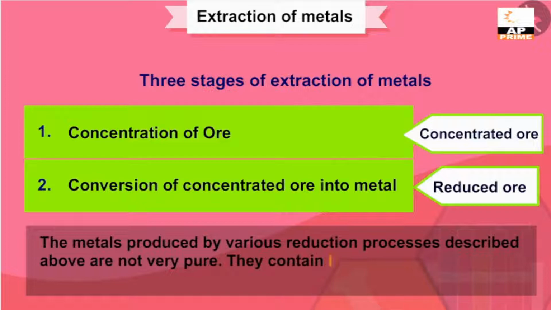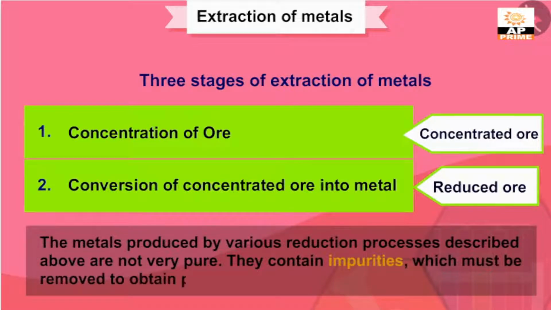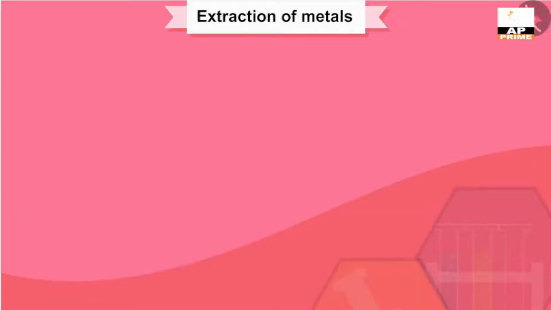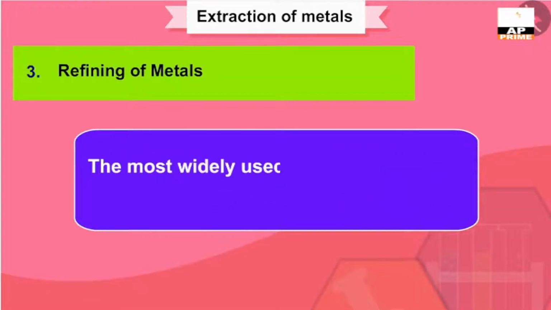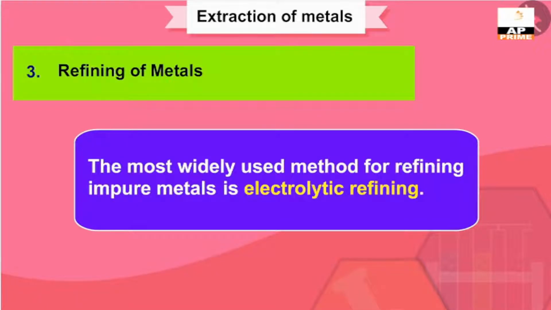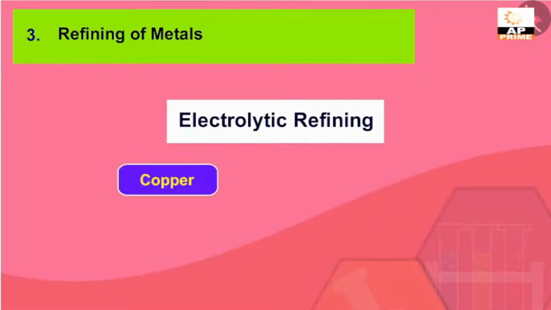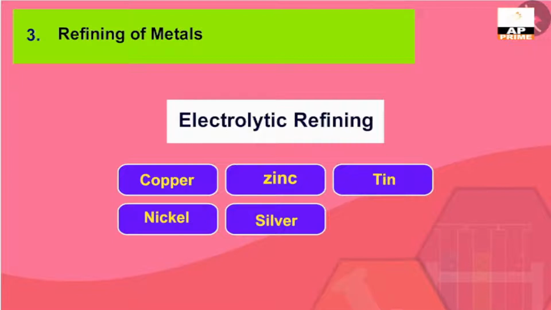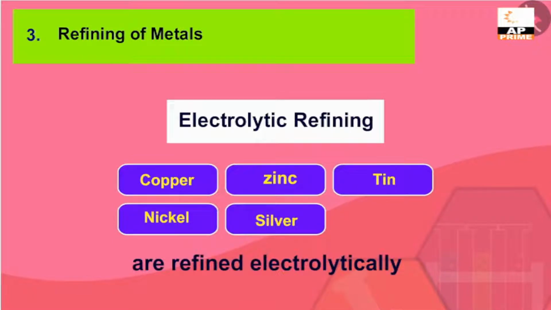They contain impurities, which must be removed to obtain pure metals. The most widely used method for refining impure metals is electrolytic refining. Many metals like copper, zinc, tin, nickel, silver are refined electrolytically.